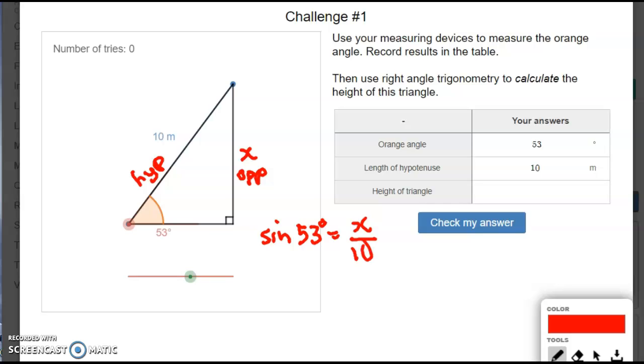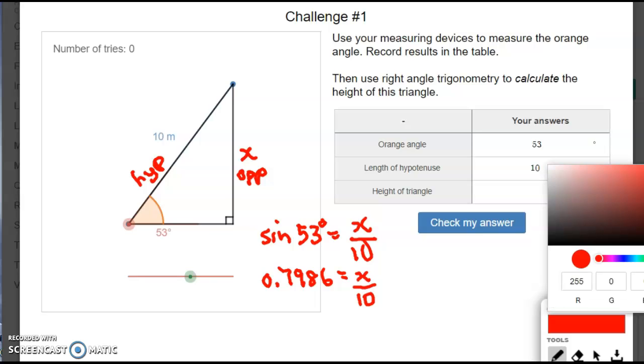Okay, and if I use my trig table, I know that sine of 53 degrees is 0.7986. So 0.7986 is equal to x over 10.